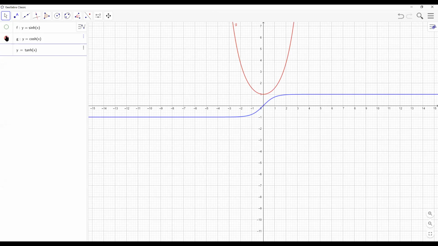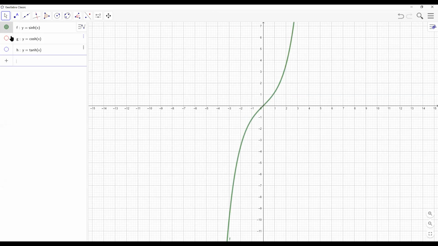So for completion, here are all the graphs. One at a time. Hyperbolic sine looks a bit like a cubic, goes through the origin, dominated by e to the x as we go large, and dominated by minus e to the minus x as we go large and negative.